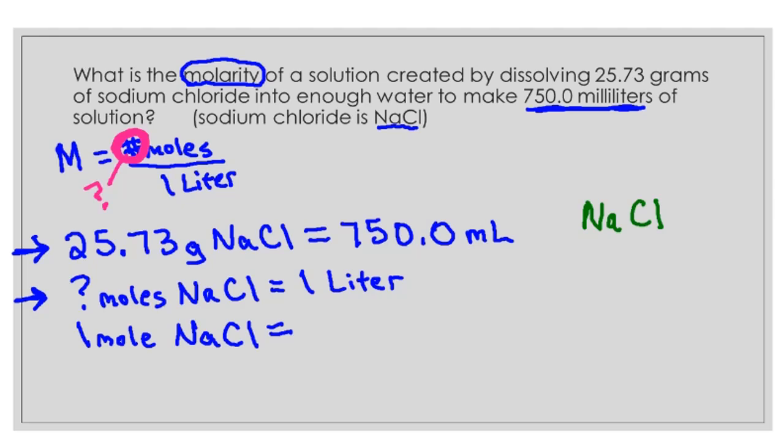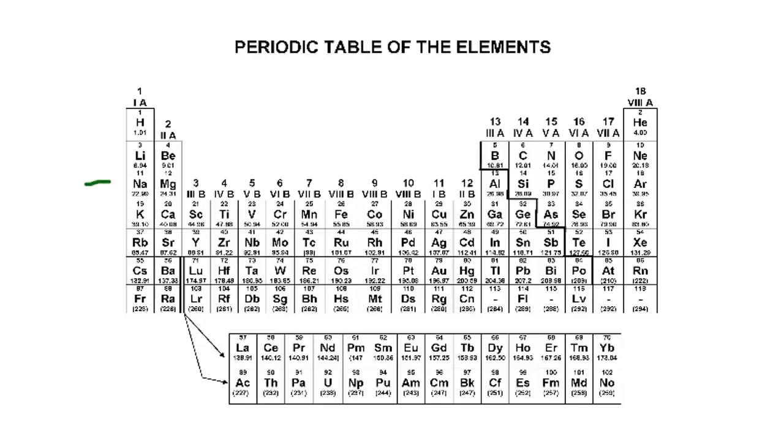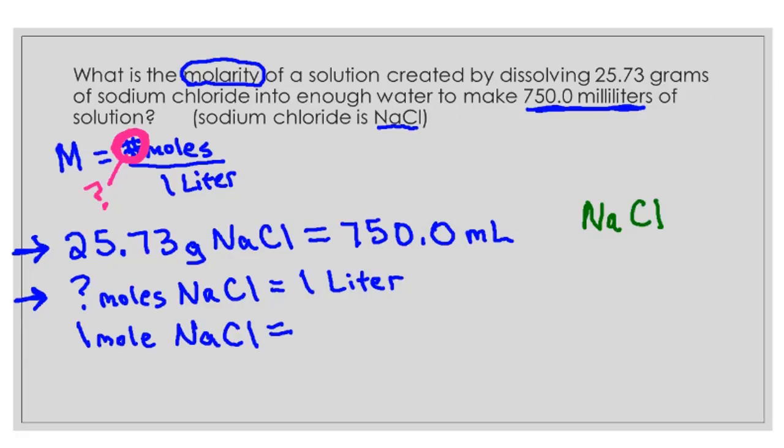Let's start with sodium. Okay, so sodium is right here. And this sodium is 22.99. So let's go back down to our problem and write this 22.99 grams of sodium is 1 mole of sodium. Now we need to find out chlorine.